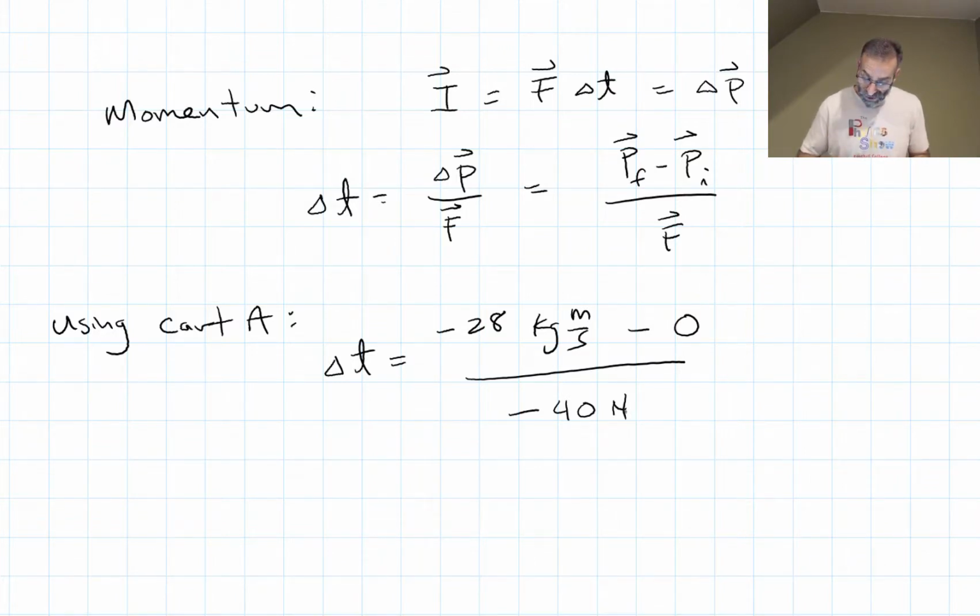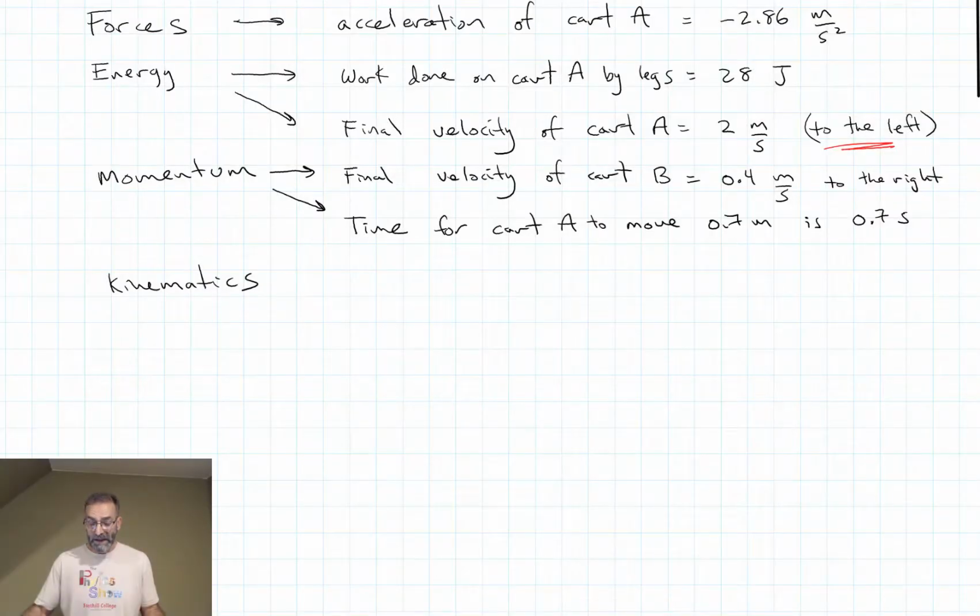And a newton, we know, is a kilogram meter per second squared. And so this whole thing gives us seconds. 0.7 seconds. Using momentum, we found the final velocity of cart B, and we found the time it took for cart A to move those 0.7 meters to the left.